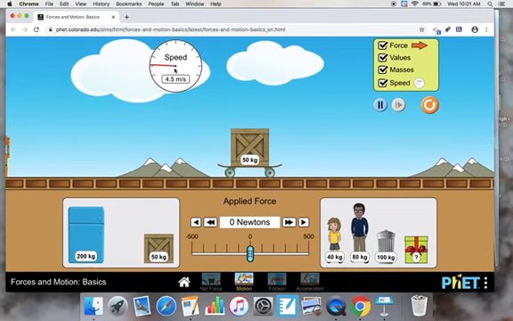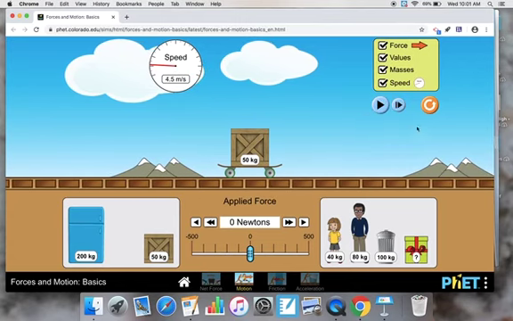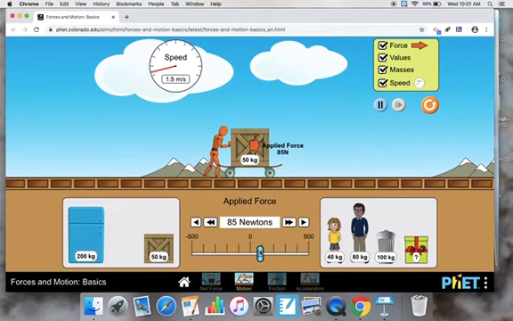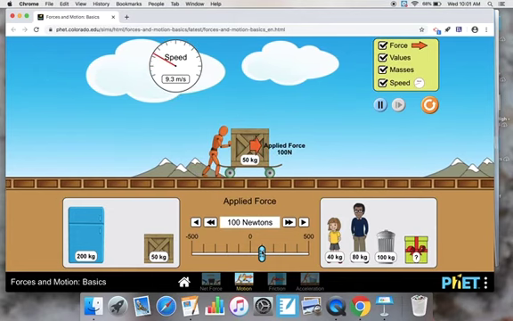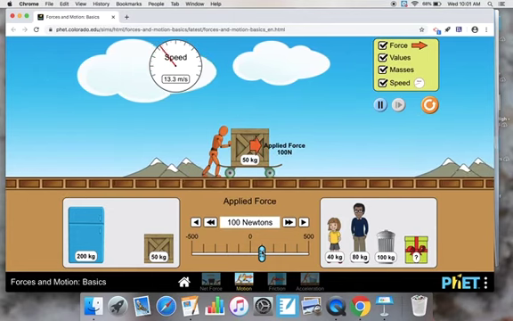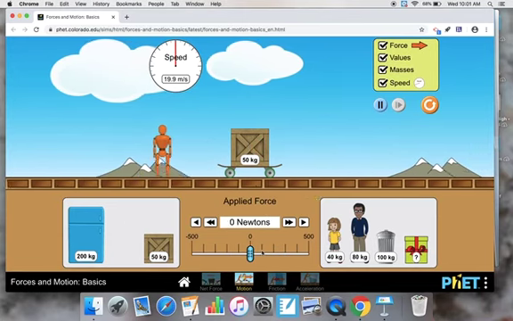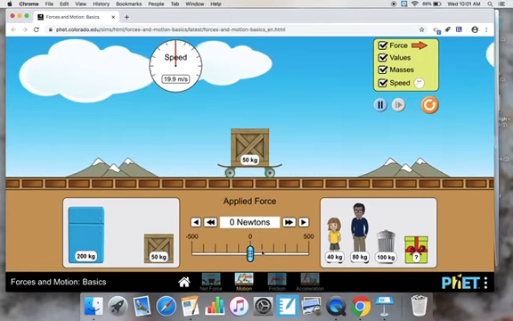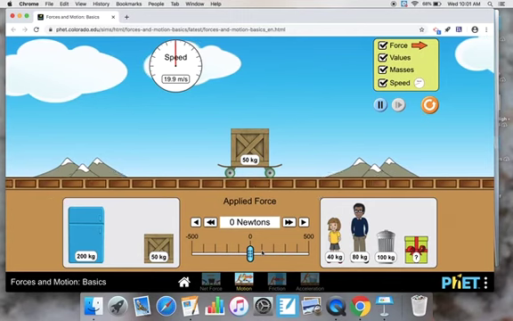But notice that if we continue to apply that force of around 100 newtons and hold it there, our speed up in the corner is increasing, so we have an acceleration happening. It's when we stop applying the force that our speed remains constant. So as we continue to apply that force, it does increase the speed.